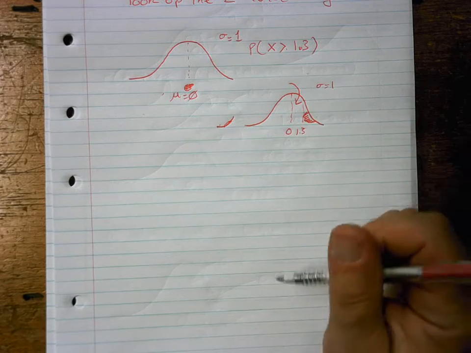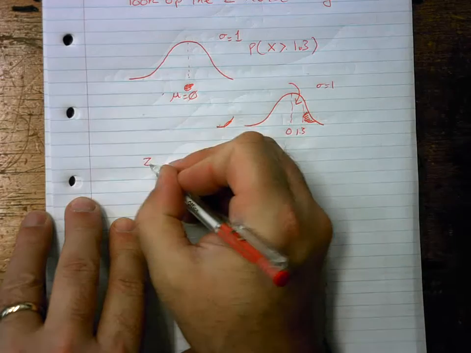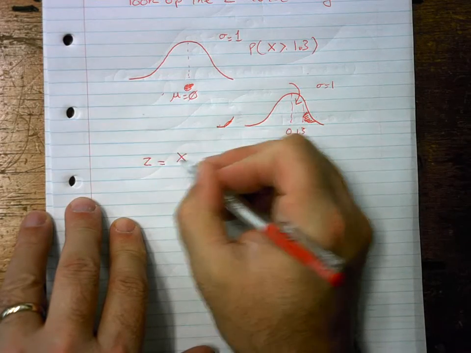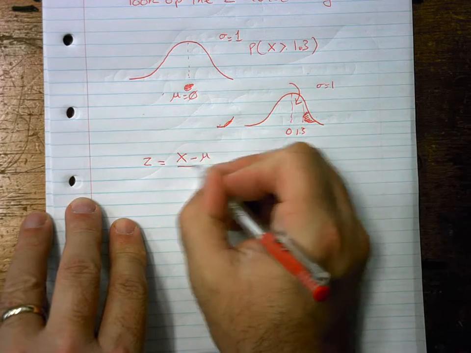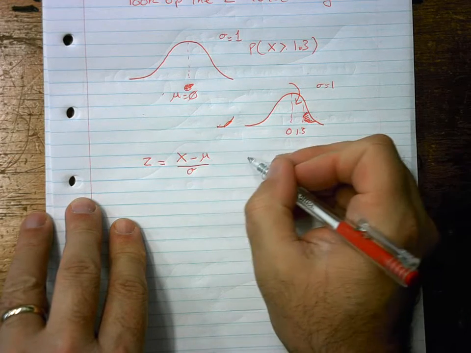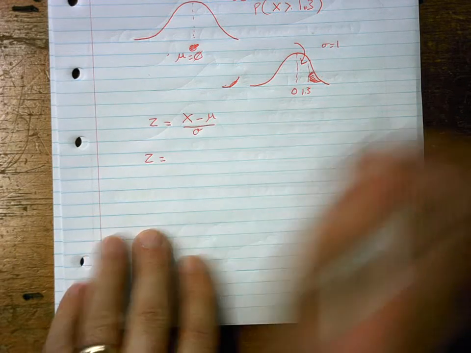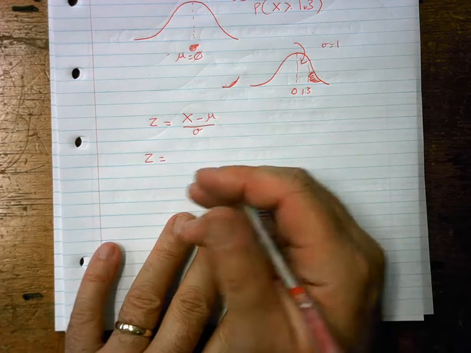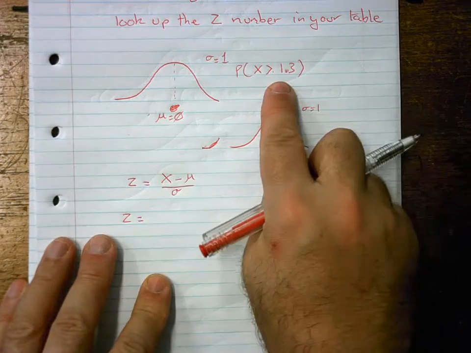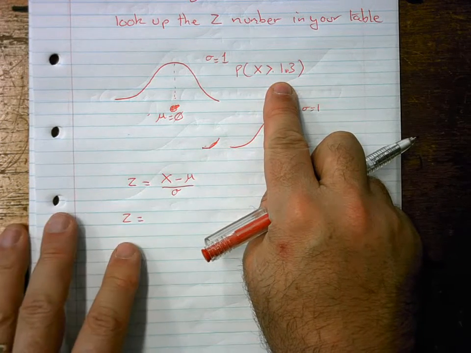And to work that bit out, we're going to use a formula. The formula says Z equals x minus mu divided by sigma. So in our case, Z equals x. What's x? In our case, 1.3. It's the number we gave you.